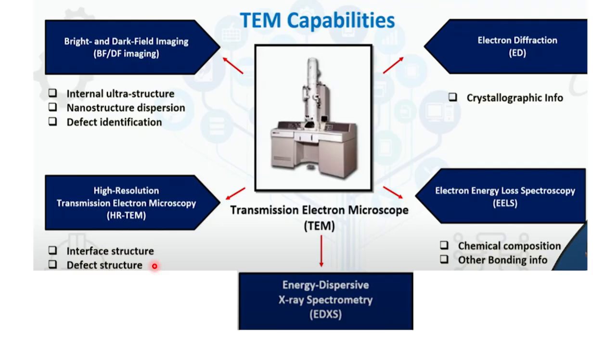To identify the defect structure, and why it is high resolution, we will discuss how the HRTEM image differs from the simple TEM. And through electron diffraction we can get an idea of the crystallographic information of your sample.